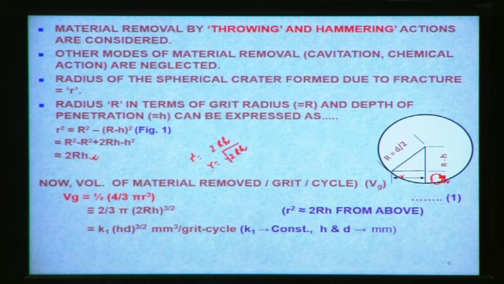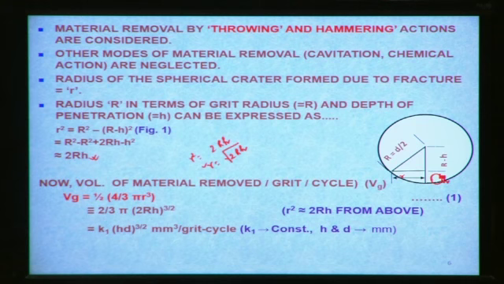Now putting this value of r into the equation, we can calculate the volume of matter removed per grit per cycle. This is very simple. Here we have 2 by 3 pi, which we can consider as K1, a constant, and 2 times capital R we can consider as D, the diameter of the grit, and h as it is.